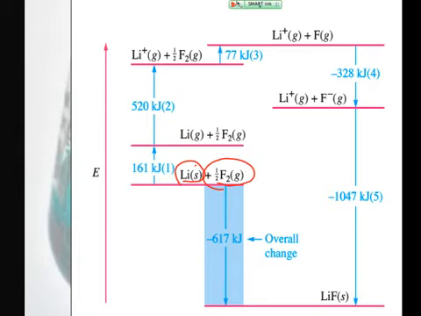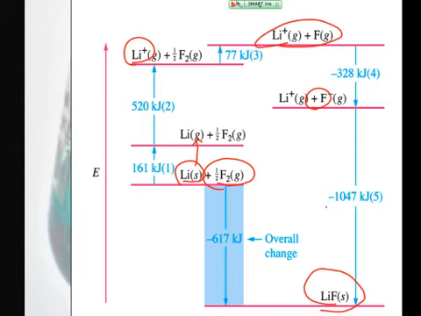And then we have to take its electron away. And what was our next step? Breaking the bond and getting the fluorine atom by itself. Then adding an electron to it. And then we form the lithium fluoride. And so this is probably the piece we were missing.